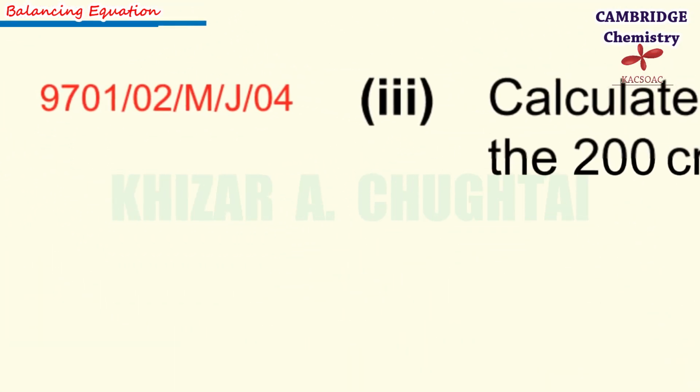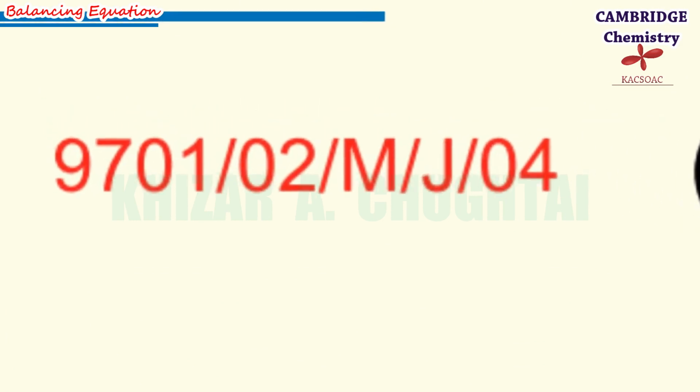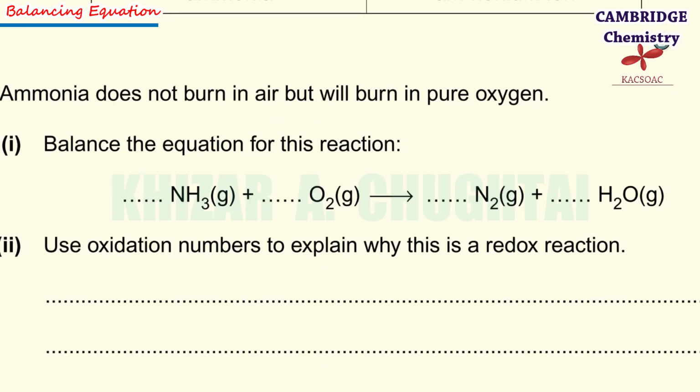The question is for AS chemistry, May June 4, paper 2. Balancing the equation for this reaction, ammonia plus oxygen goes to nitrogen and H2O. Once again, there are 2 elements. Those will be balanced at the end of the reaction. So first of all, I'm going to balance this hydrogen. 3 over here, let's suppose this is the higher value and here is the lower value.